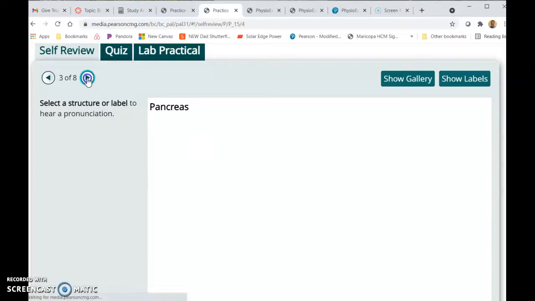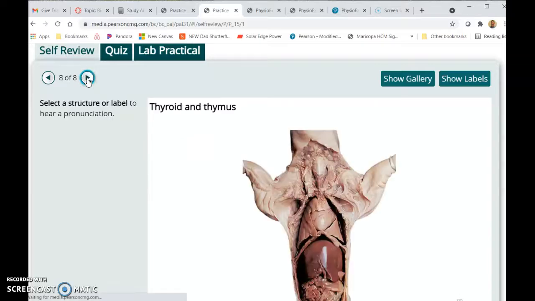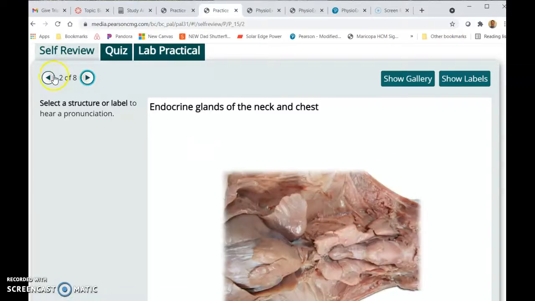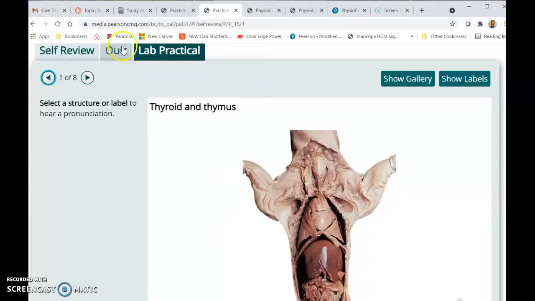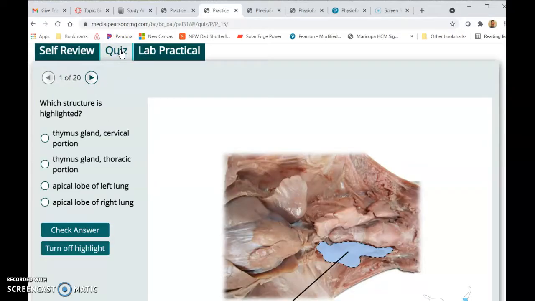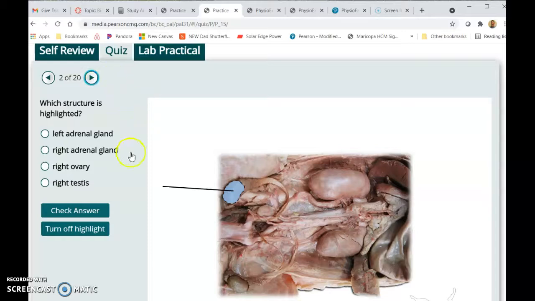So there's 8 of these pictures, I believe. And then it just starts over again. I ask you to do the quiz. Now, I don't record your grade or anything, but this is just really good practice. And so, which structure is highlighted, you have to remember what that looks like, answer it, then go on to the next question and work your way through.